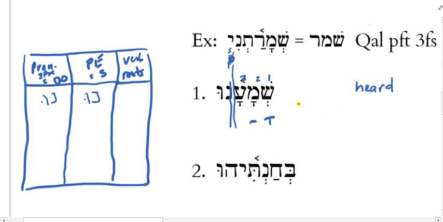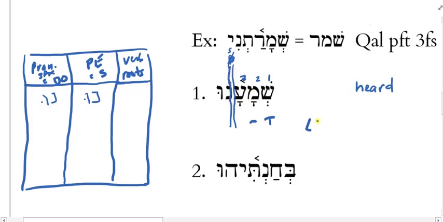Remember your song. Paqad, paqada, paqata, paqat, paqati, paqadu, paqatem, paqaten, paqadnu, right? This would be shamatnu. This is not shamatnu. This is shema'anu. So what's happened here?